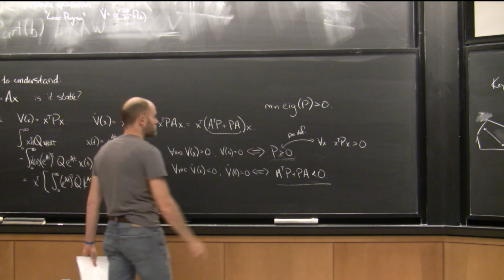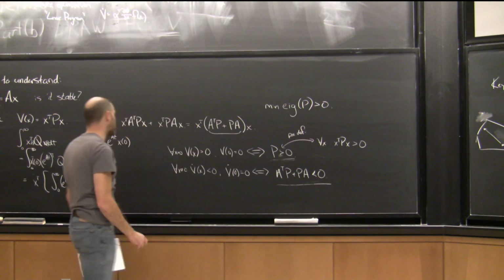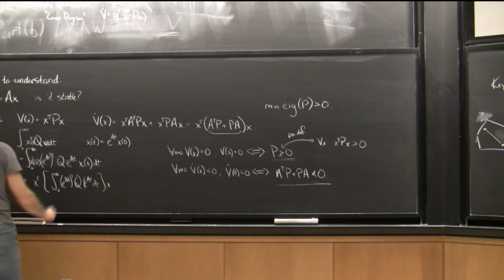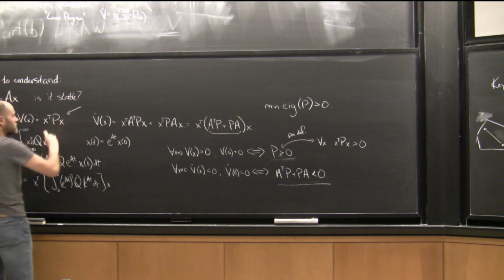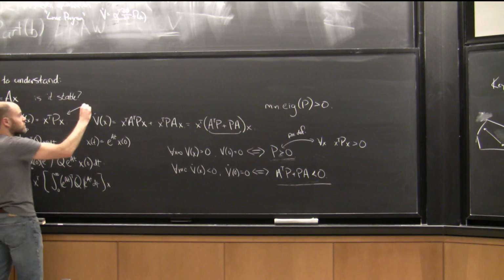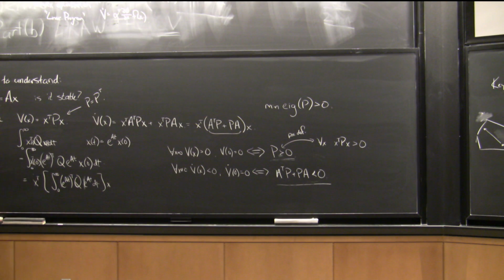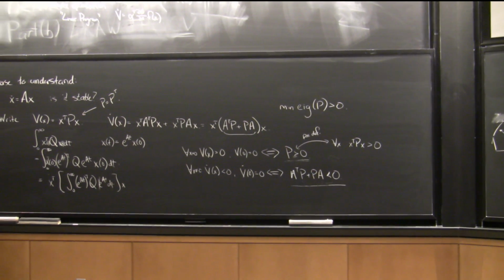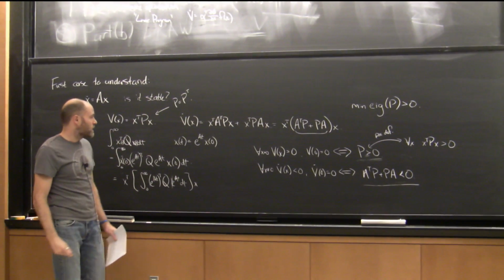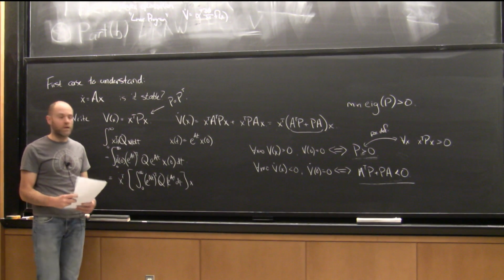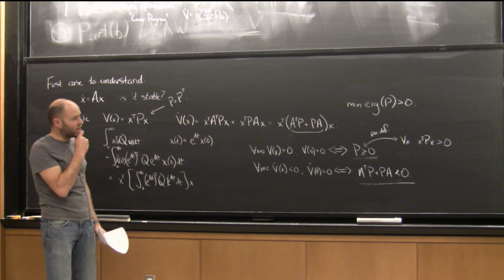P is symmetric. I'm going to search over symmetric matrices P. Would we state that P has to be symmetric? I should have written here, to make it a good positive definite quadratic form, that's my choice. I'm going to search over the symmetric matrices. And it was the same way in LQR. We chose Q and R to be positive definite symmetric. Thank you for catching me on that.